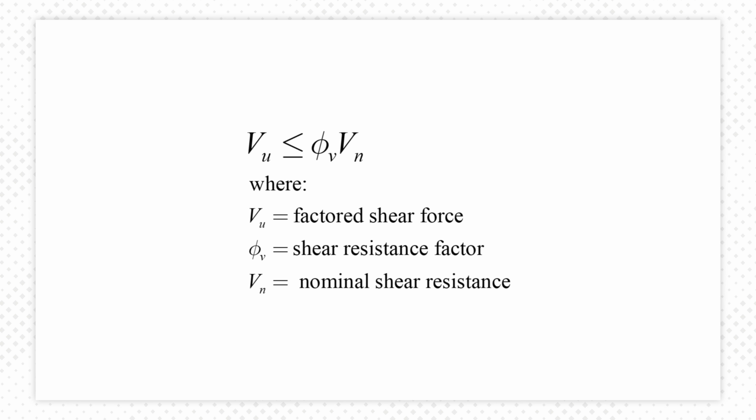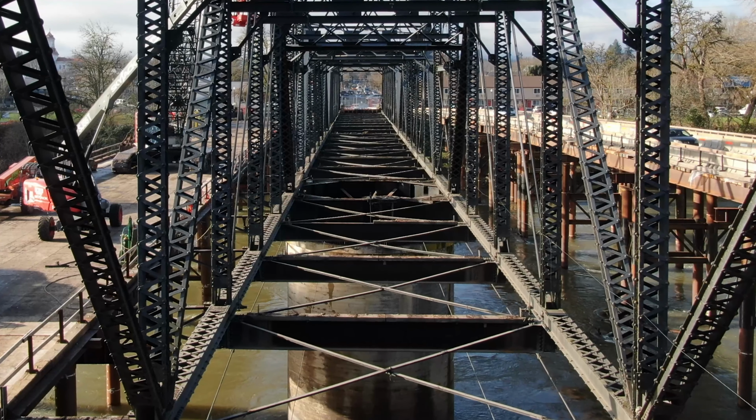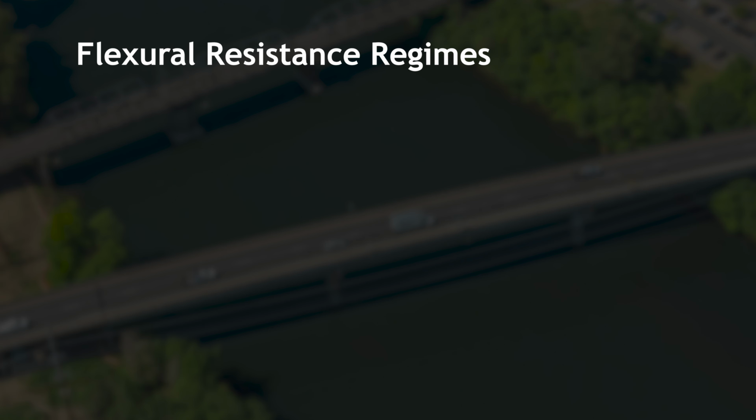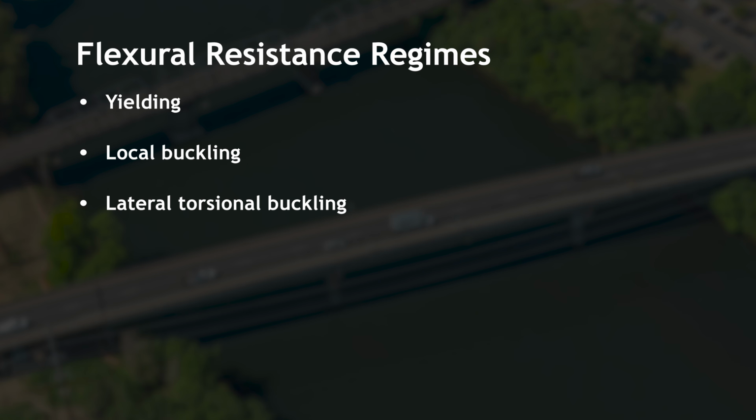Flexural resistance, also known as bending moment strength, is influenced by material strength, section modulus, local slenderness, and flange bracing. There are 3 driving regimes in flexural resistance: yielding, local buckling, and lateral torsional buckling.